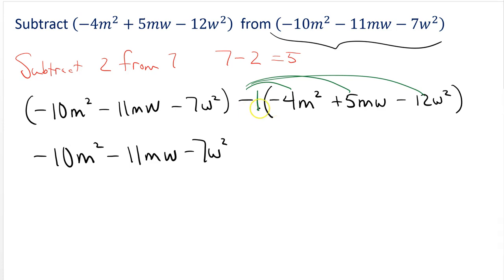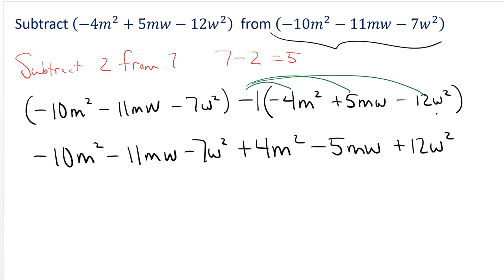So negative 1 times negative 4m squared is plus 4m squared. And then negative 1 times positive 5mw will be minus 5mw. And then negative 1 times negative 12w squared will be plus 12w squared.